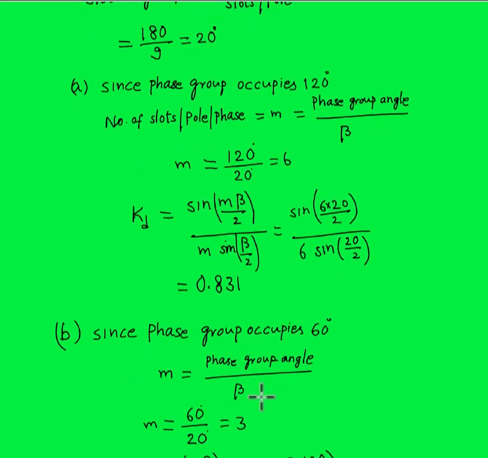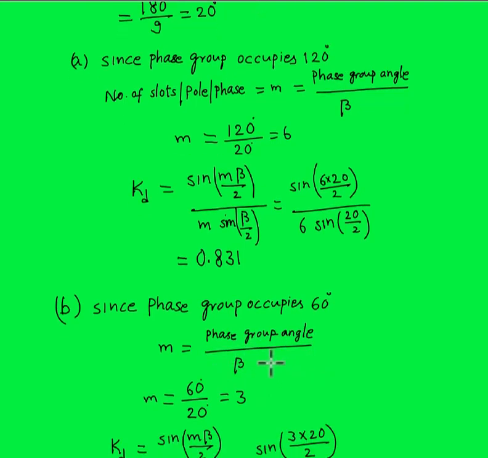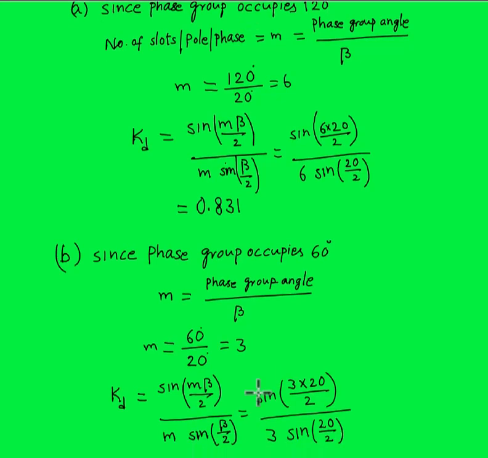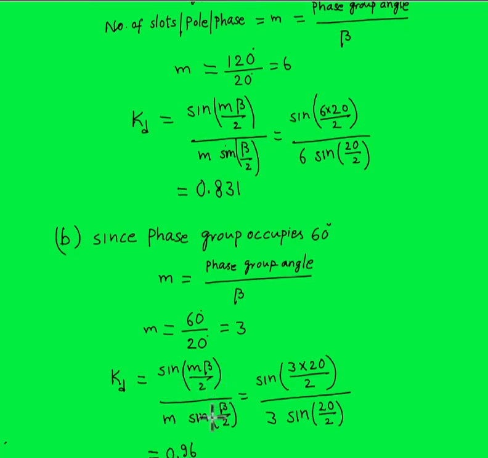Next, second case. If the phase group occupies 60 degrees, in that case, the number of slots per pole per phase is given by phase group angle divided by the slot angle. That is 60 divided by 20, that is 3. Now the distribution factor Kd can be written again as sine m beta by 2 divided by m into sine beta by 2.